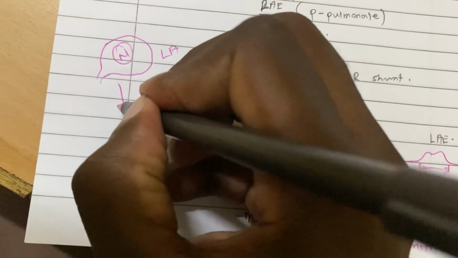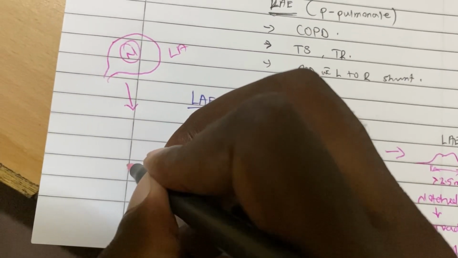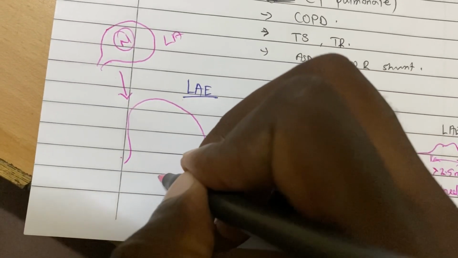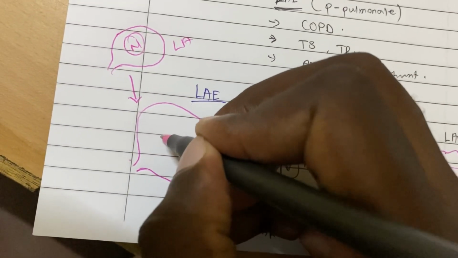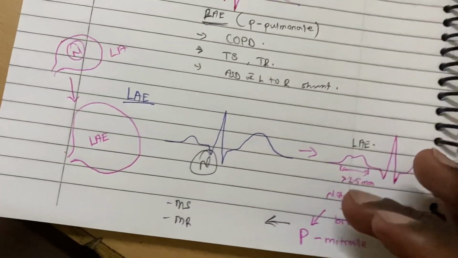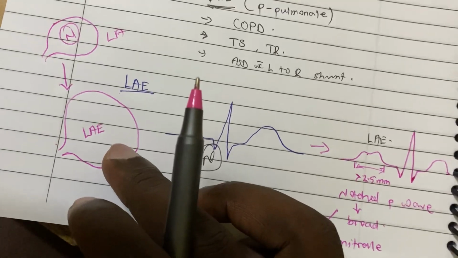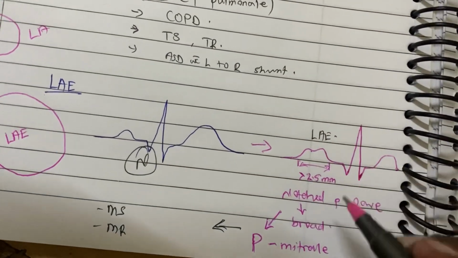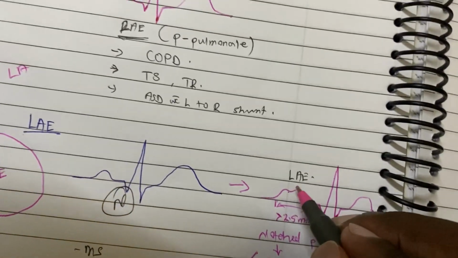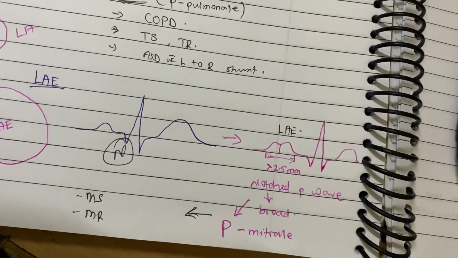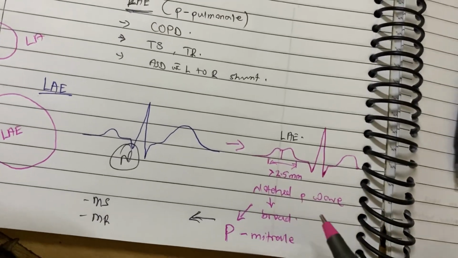So if it enlarges, it is going to be bigger than this one, mitral valve. This is left atrial enlargement. Again, the same principle, larger myocardium, high voltage, but this time around, still we can divide this into two.